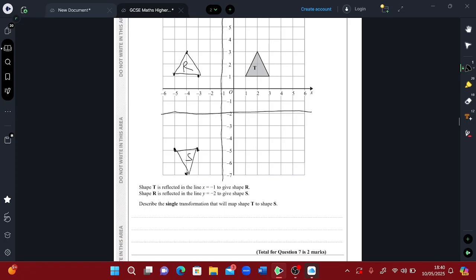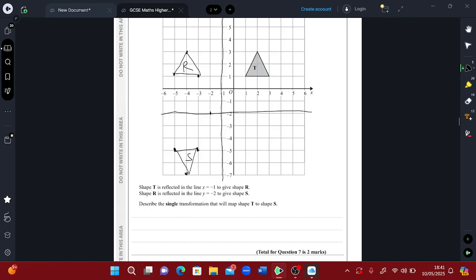So how you would tackle this is you'd use tracing paper. I don't have tracing paper, unfortunately. You'd know if you just imagine it. Again, this is why it's hard to explain these questions without being there physically. You want to put the point of rotation about here, and then it's about three across.